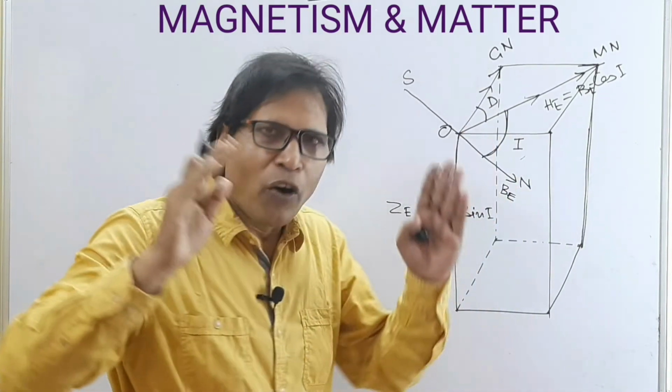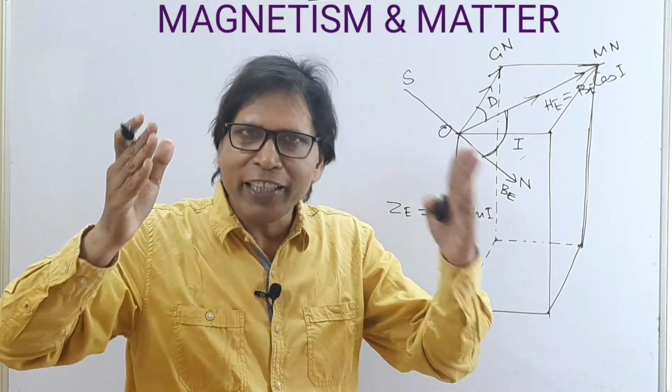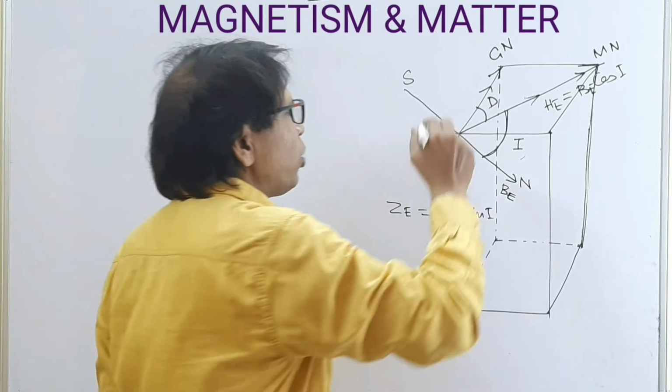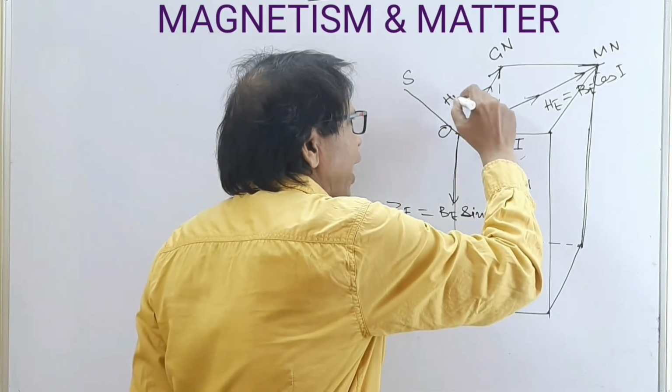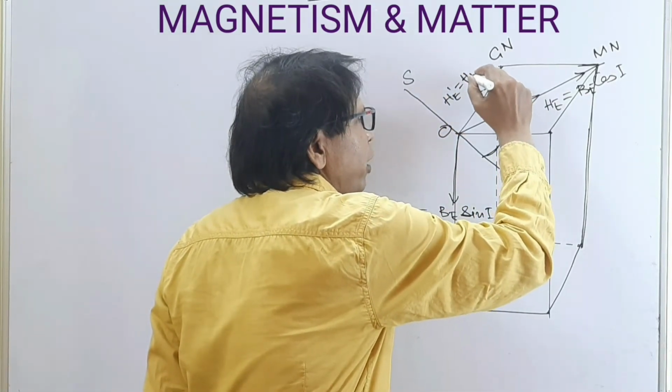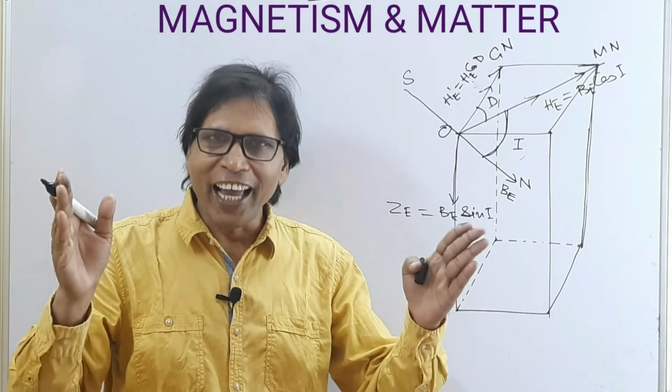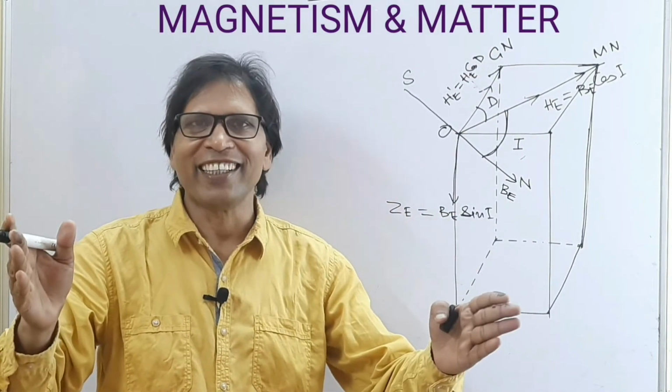Okay, the horizontal component of magnetic field along the geographic north is equal to HE dash is equal to HE cos D, where D is the angle of declination.